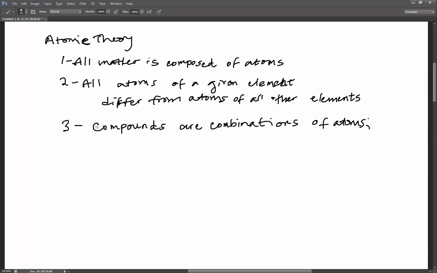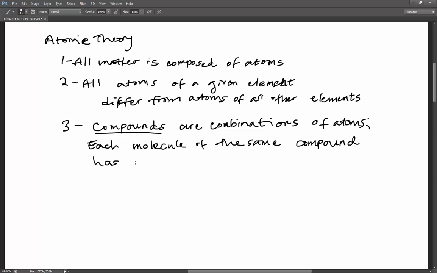And one thing that's very important to note is that each molecule of the same compound has to be identical. That is to say, they have to have the same number and types of atoms.